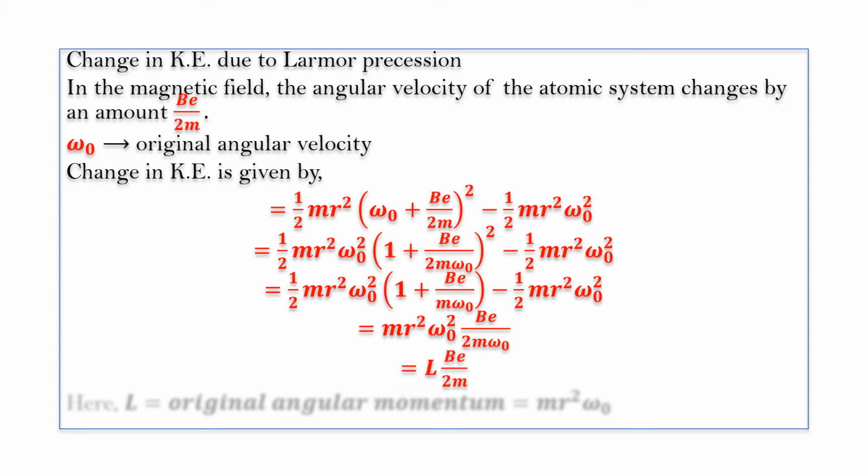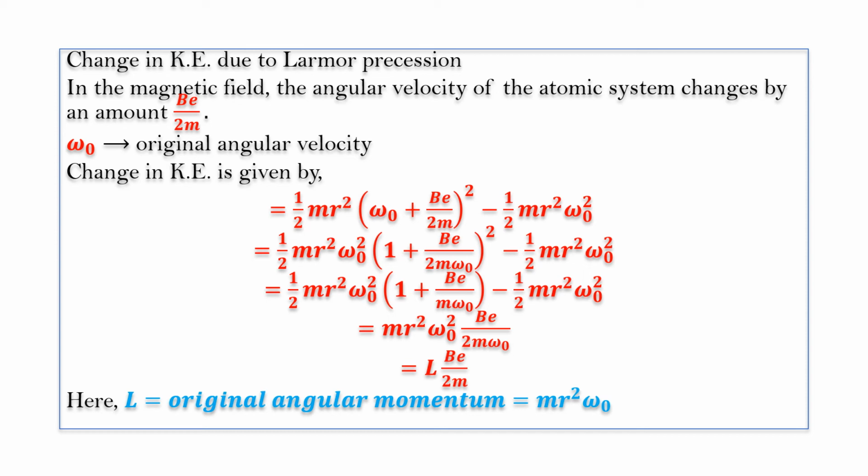We know the value for the original angular momentum L, which is equal to m r square omega naught. So instead of m r square omega naught, here we put capital L. The original angular momentum capital L is equal to m r square omega naught.